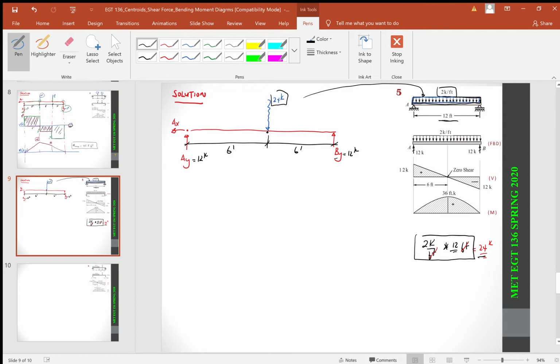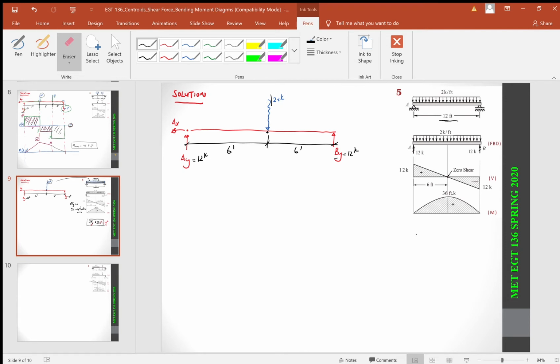In other words, if you sum the forces in the Y direction equal to 0, you have 12 kips going upward minus 24 kips coming downward plus 12 kips going upward equals 0. 0 equals 0, so you know that you are correct. Let me just clean this up a little bit. So now that we found our support reactions, we want to take it a step further.